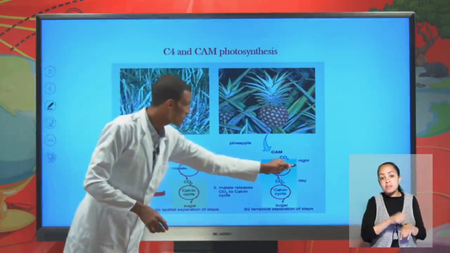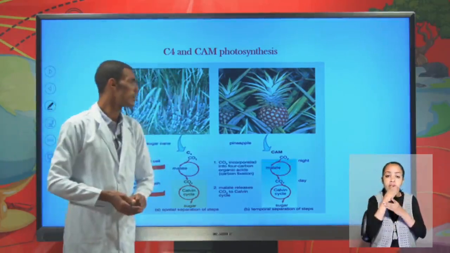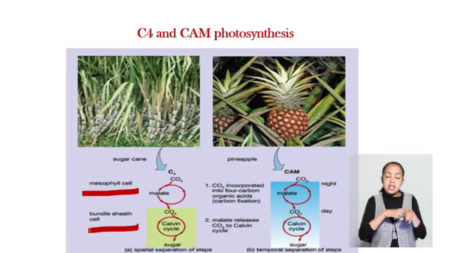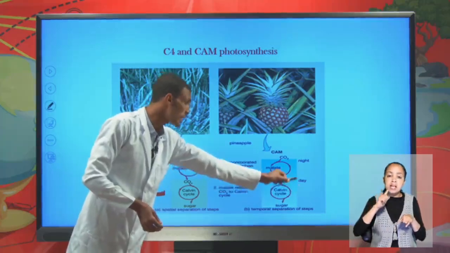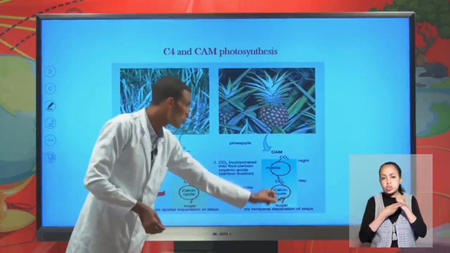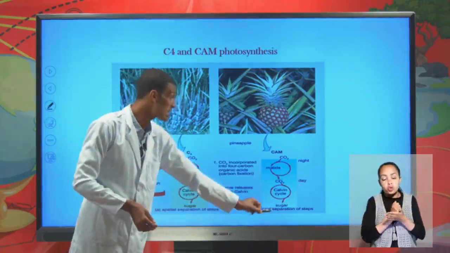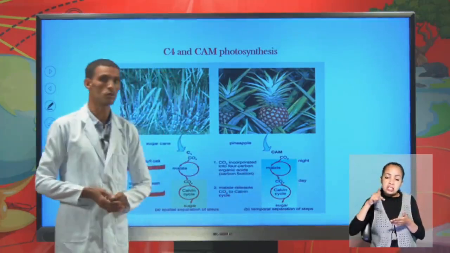Whereas here, fixation of carbon dioxide takes place during the night time when the temperature in the leaf is reduced. And again, during the daytime, malate is released from the vacuole where it was stored, to continue production of glycerate 3-phosphate and continue the process.